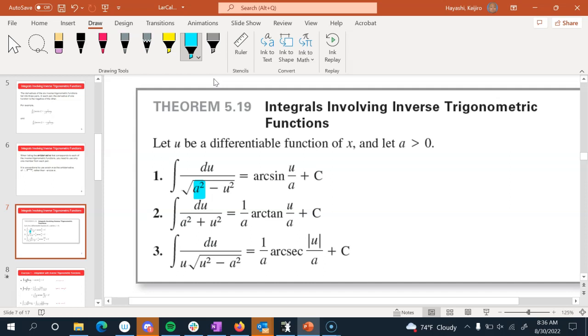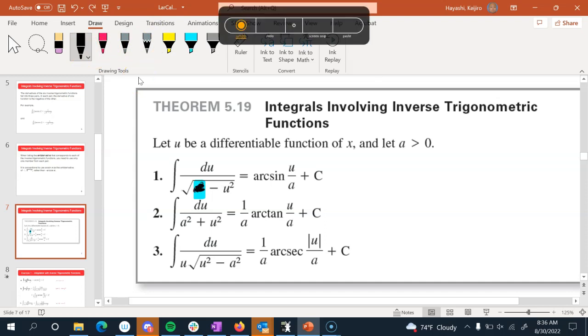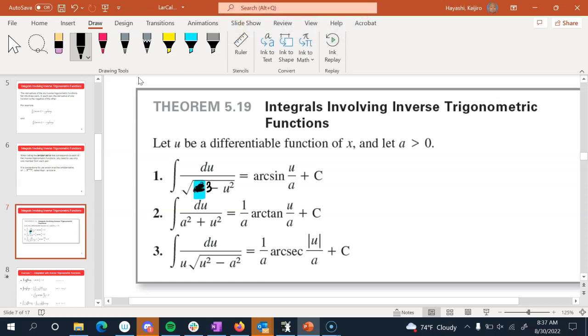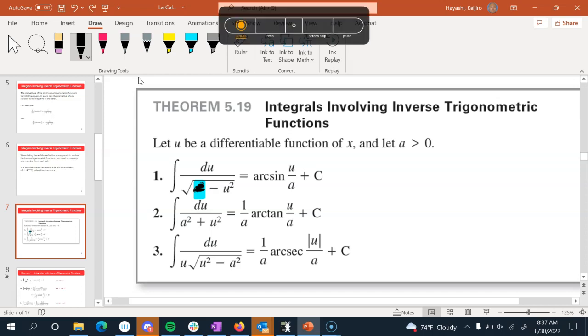And it might not even necessarily be a perfect square. If down here you have 3 minus u squared, then that simply means that the value of a is the square root of 3. So it's not always going to be a perfect square, but it will be a perfect square a lot of the time.